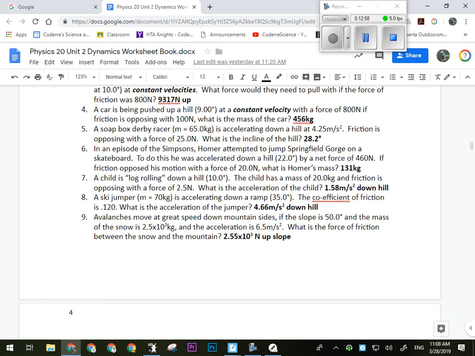So, because we haven't done that one yet, right? All right. Okay, so I want you guys to do 7 and 8. Okay, so they're both inclined planes, but number 8 involves using the coefficient of friction on an incline, and we haven't done a lot of ones like that. Okay, so 7 and 8 for right now.